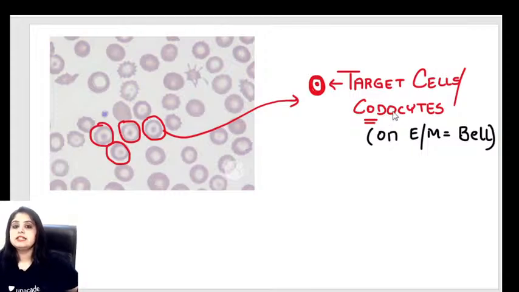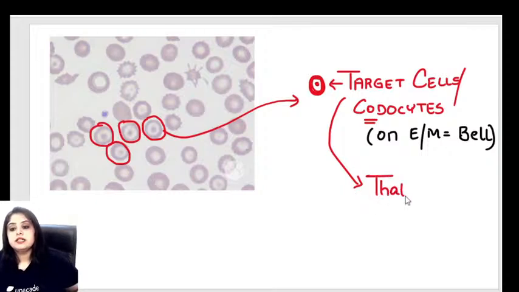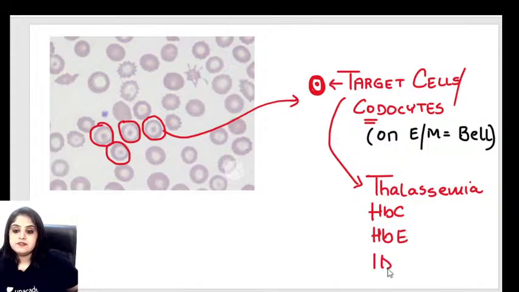Okay, having said that, now you'll ask me, where all can we see target cells? Is it specific for anything? Not at all. Target cells can be seen in many conditions, but where do you get maximum questions? T for T. Target cells are seen in hemoglobin disorders like thalassemia, like hemoglobin C disease, like hemoglobin E disease, and even in cases of iron deficiency anemia.